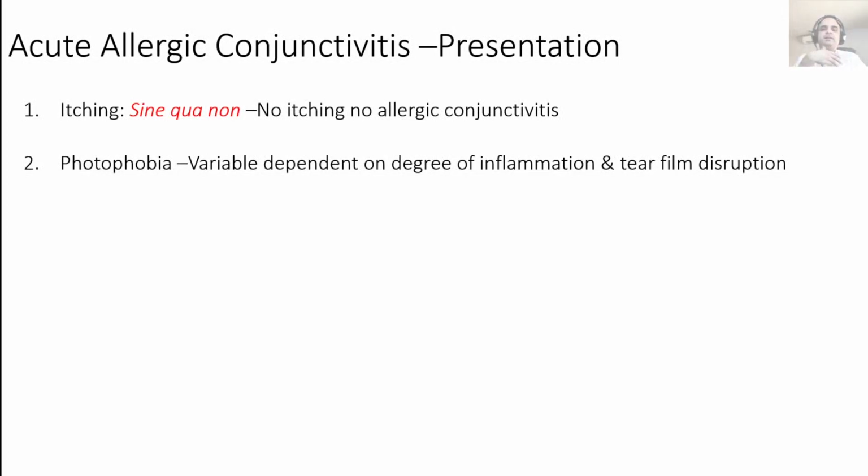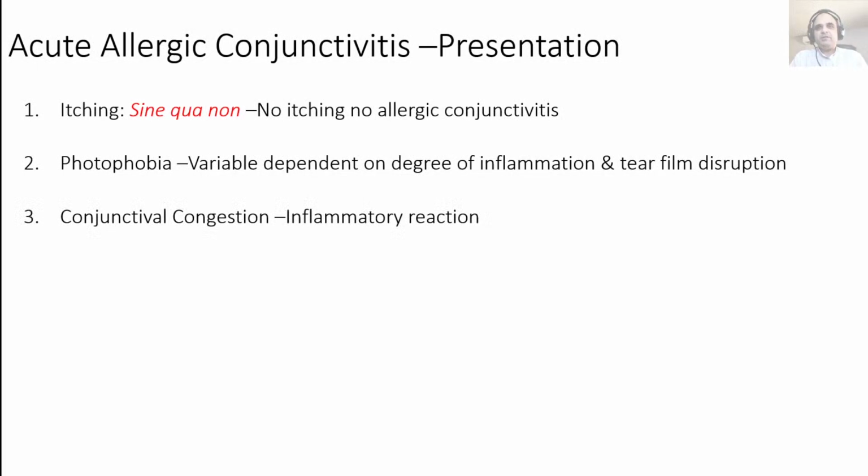And when the tear film is disrupted, you get photophobia, because the tear film provides a smooth front layer to the cornea, which aids in refraction of light, smoothing out the surface of the cornea. And when you don't have that layer, the light that is striking the cornea directly causes a little bit of discomfort, leading to photophobia.